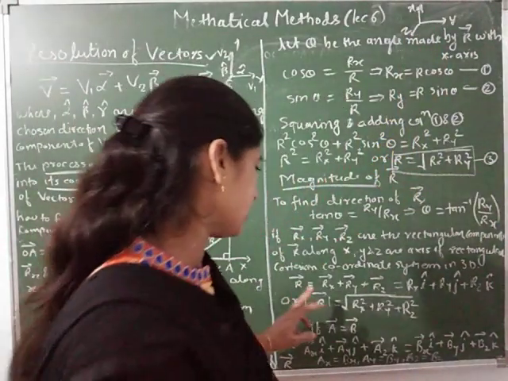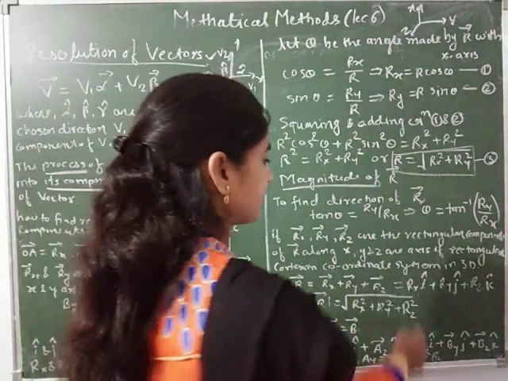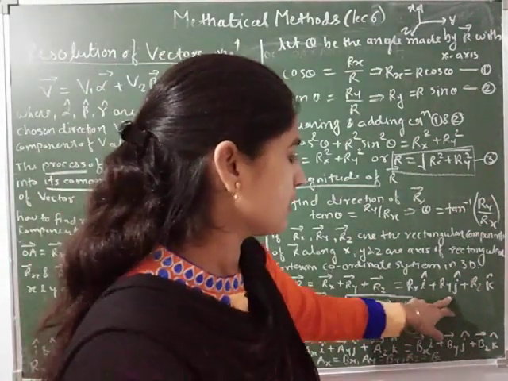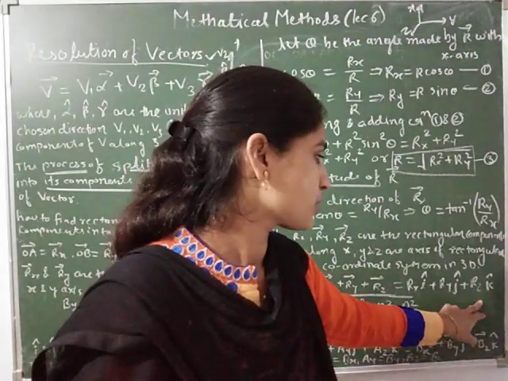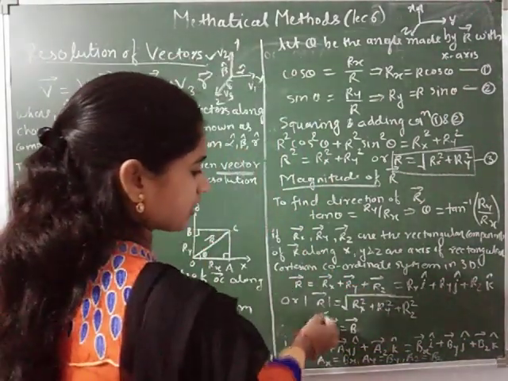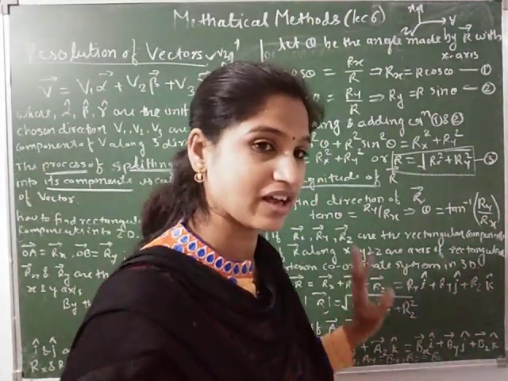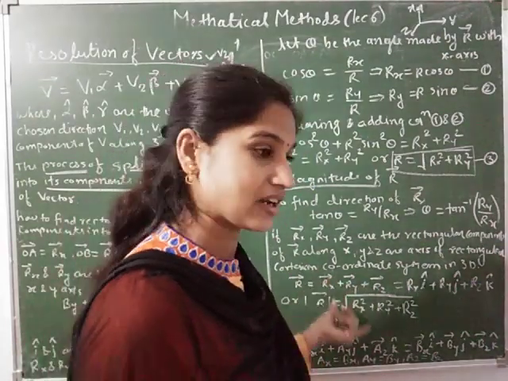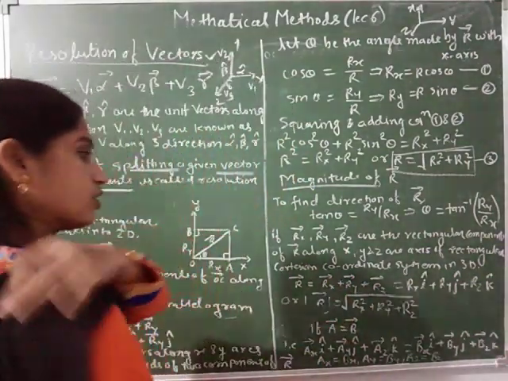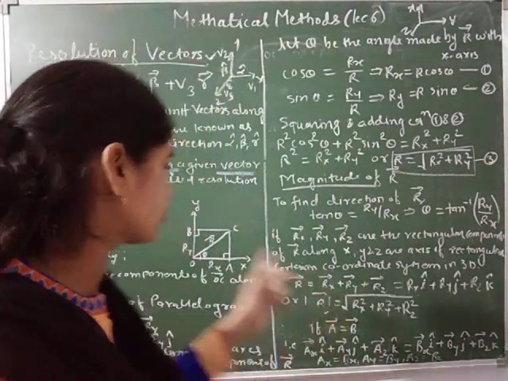Then vector R is equal to vector Rx plus vector Ry plus vector Rz, that is Rx into unit vector i plus Ry into unit vector j plus Rz into unit vector k, and the magnitude of vector R will be the square root of Rx square plus Ry square plus Rz square.